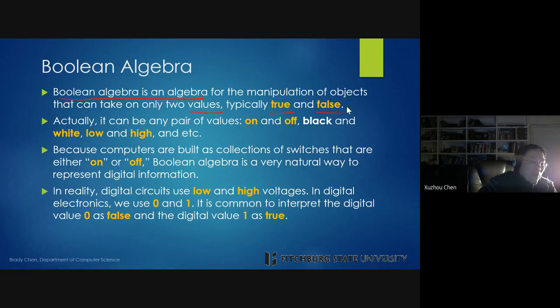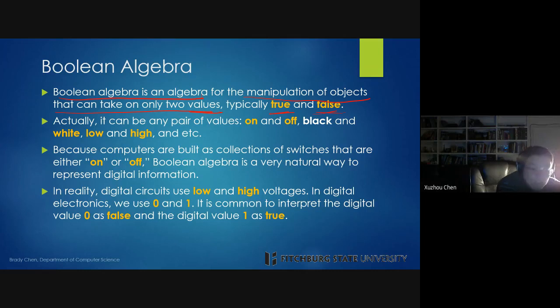Because Boolean algebra talks about simple statements, and we build a compound statement. Now we put this in an abstraction, and we can say it's a manipulation of objects that can take only two values, typically true or false.